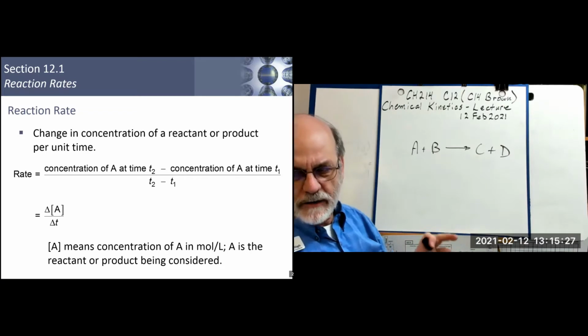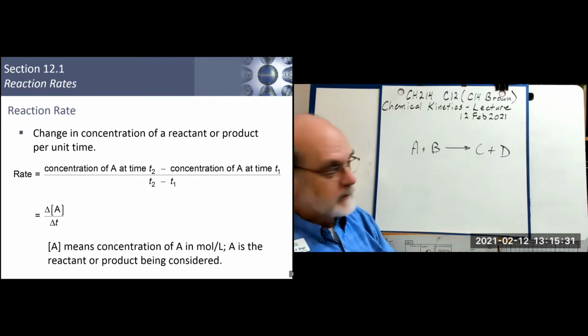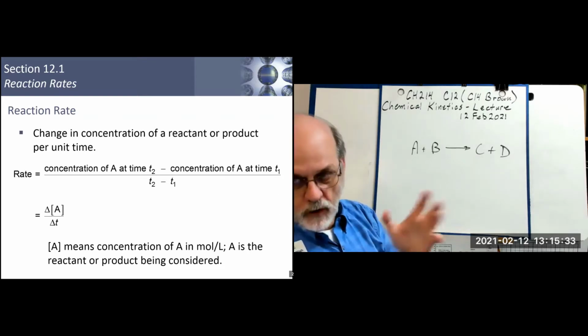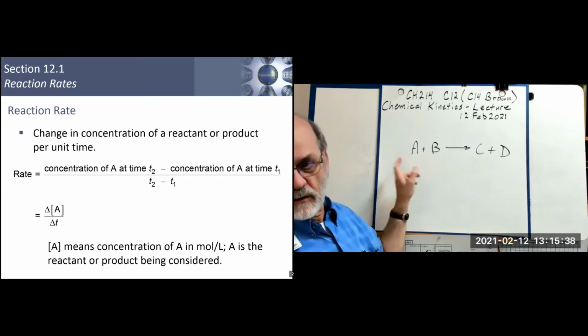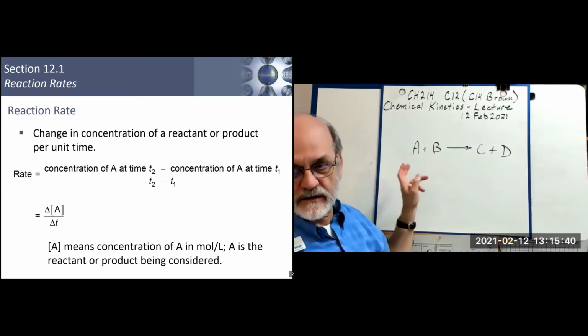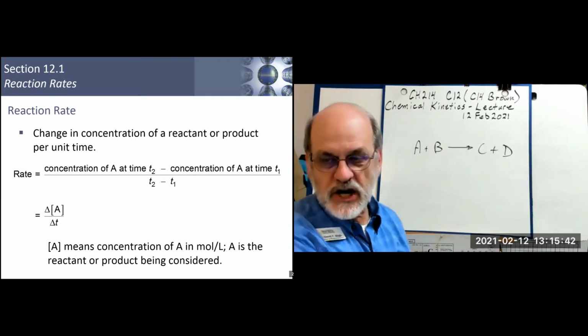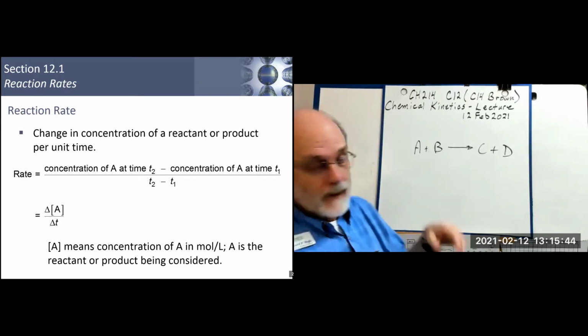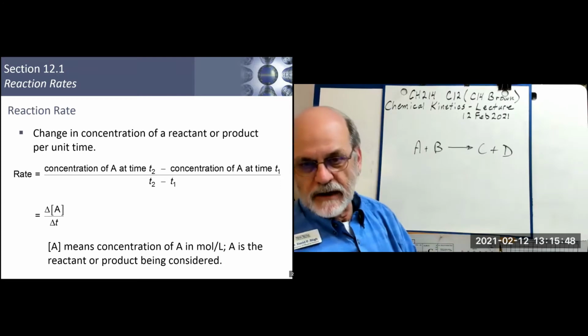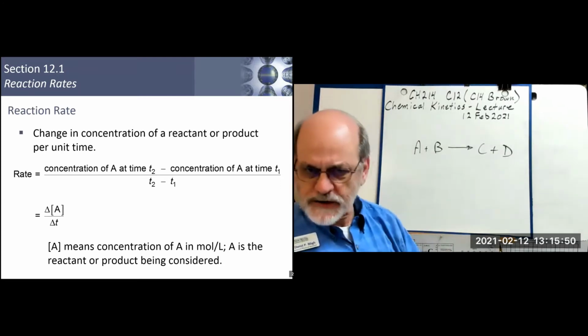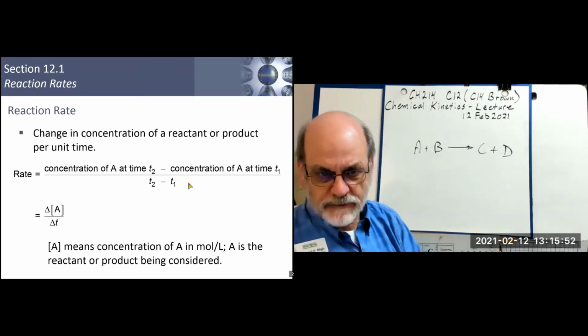As it turns out, the most useful approach to chemical kinetics, not the only approach, of course, but the most useful approach is disappearance, rate of disappearance. How fast is this disappearing? What's the change of concentration of one of these components? So we say, what's the concentration at the final?